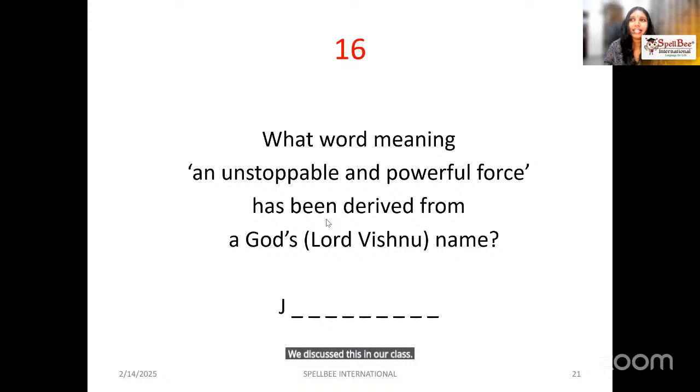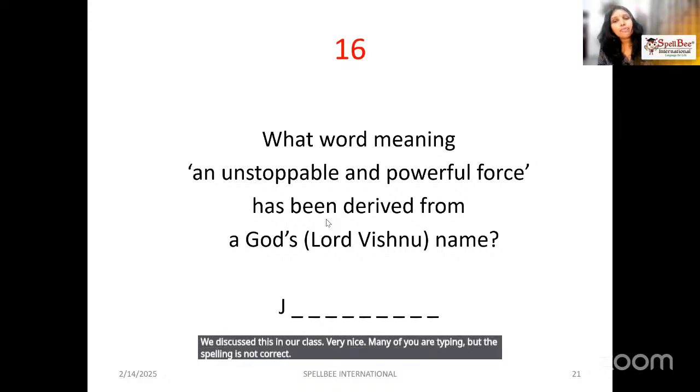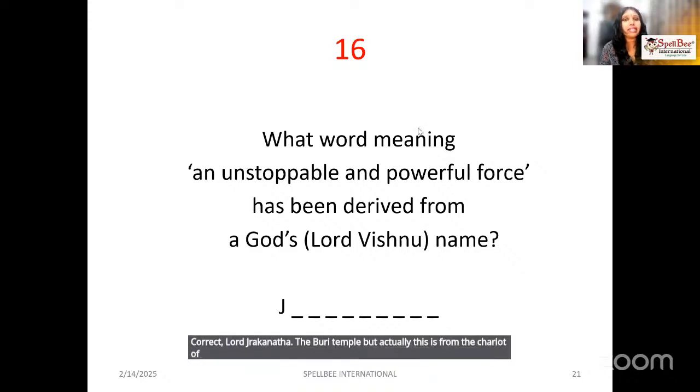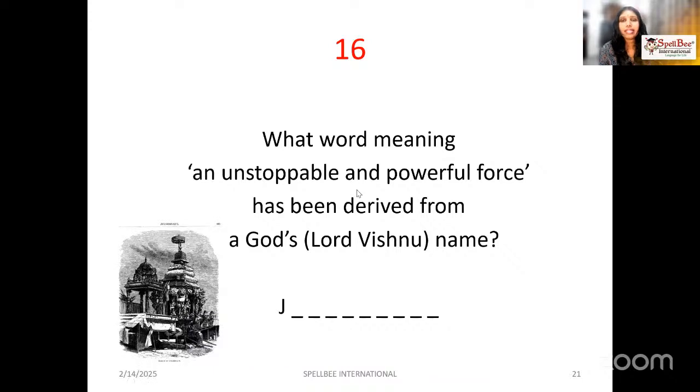Very good. Many of you are typing, but the spelling is not correct. Please correct your spelling. Yes, some are correct. Lord Jagannatha, the Puri temple. But actually, this is from the chariot of that temple. They have taken that because it's very difficult to stop that, no?